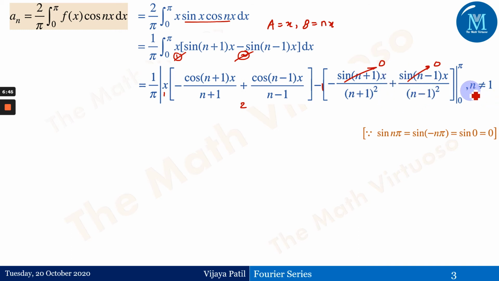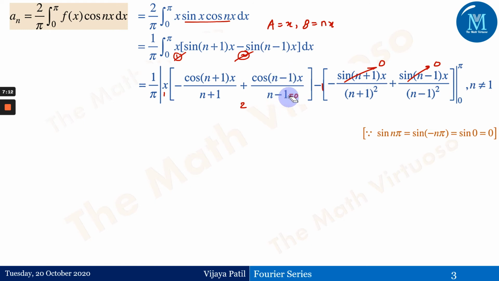Now I'm saying that n is not equal to 1, because whenever I take n equals to 1, what will happen in this function here? n minus 1 would give me 0. And if n minus 1 is giving me 0, that means this denominator will go to 0. If the denominator is 0, the entire function, numerator and denominator together, will go to infinity, and we don't want that.